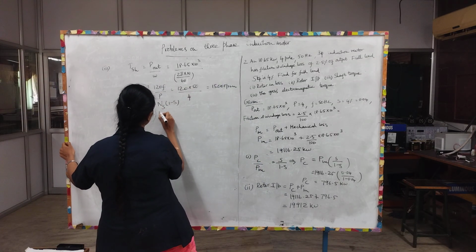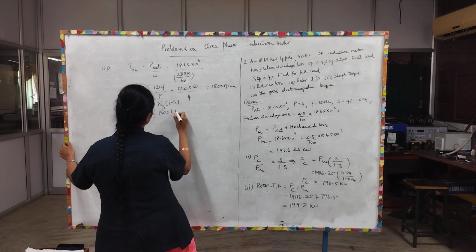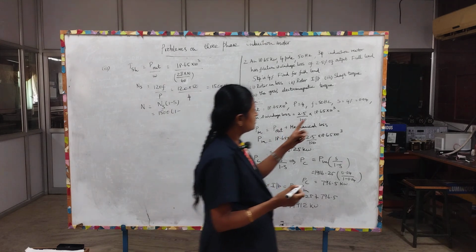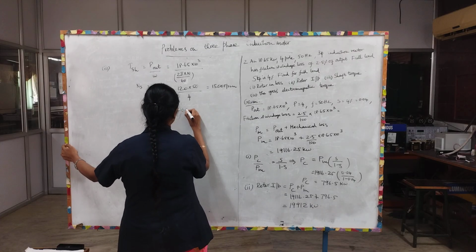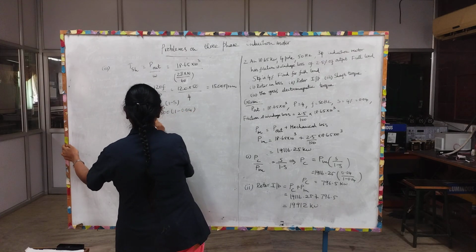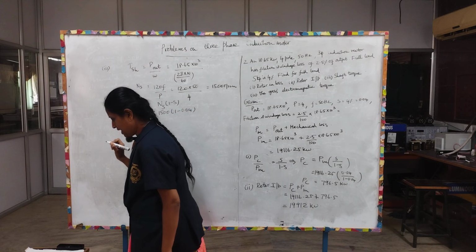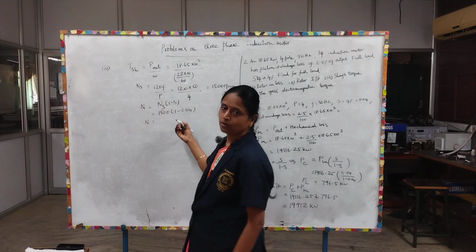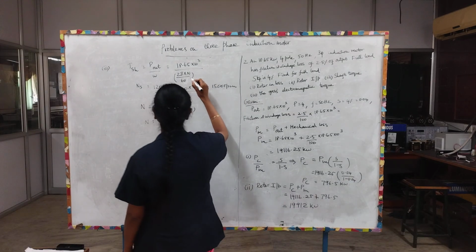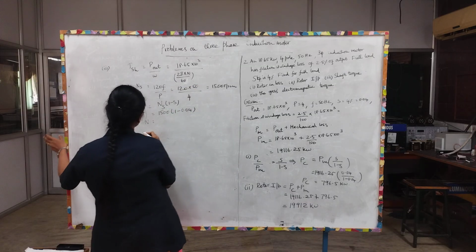So ns is 1500 into 1 minus slip, which is given as 4 percent, that is 0.04. So we will find out n. So after substituting this value here, you can find out T shaft.